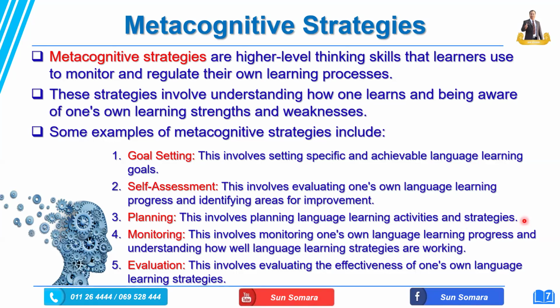This involves planning language learning activities and strategies. 4, monitoring. This involves monitoring one's own language learning process and understanding how well language learning strategies are working. 5, evaluation. This involves evaluating the effectiveness of one's own language learning strategies.